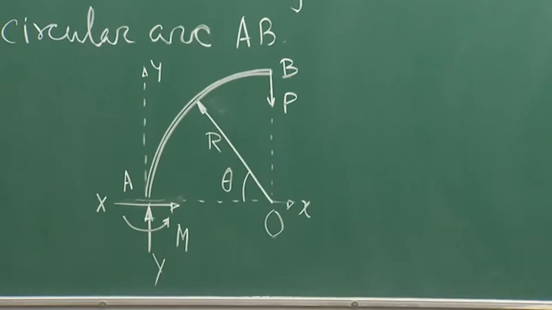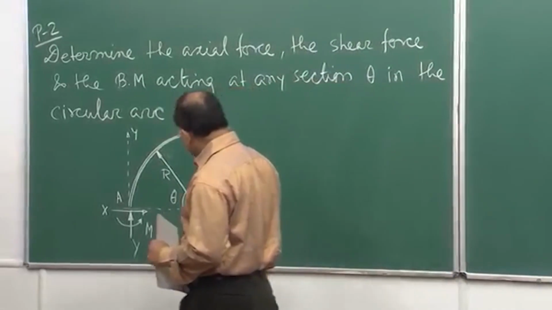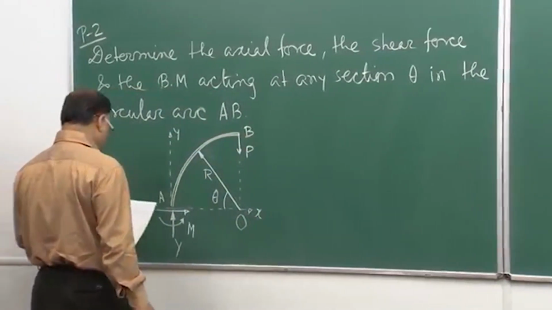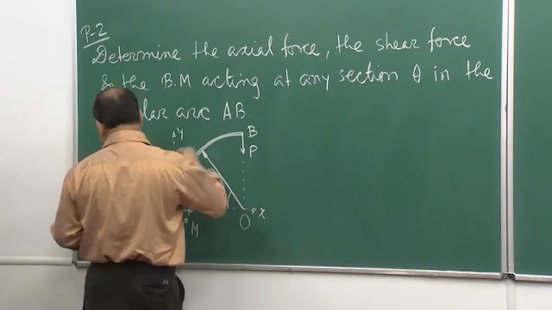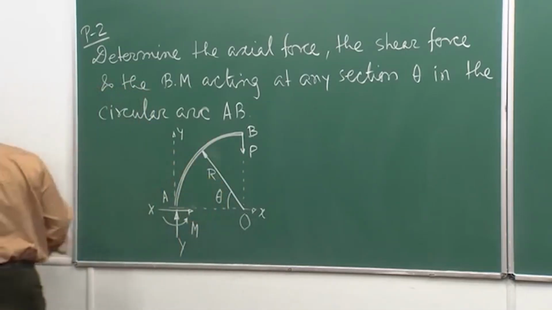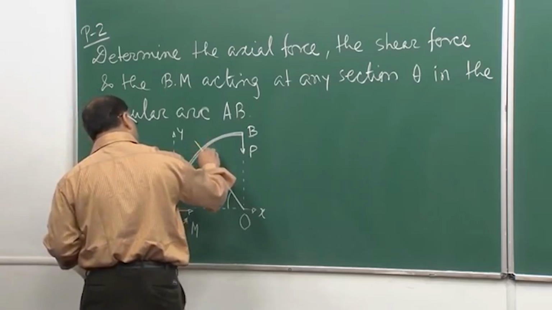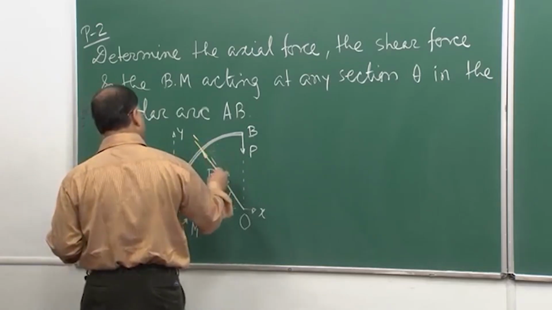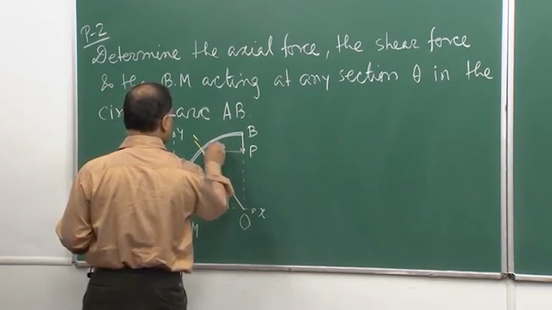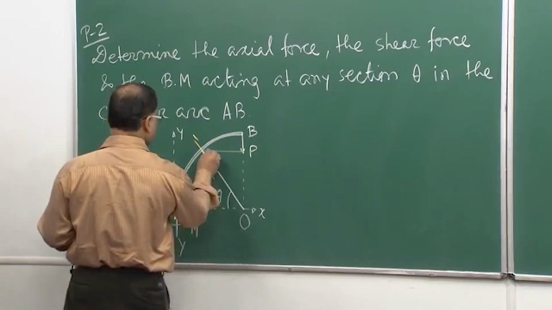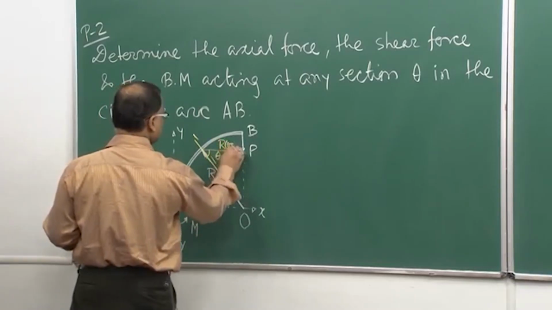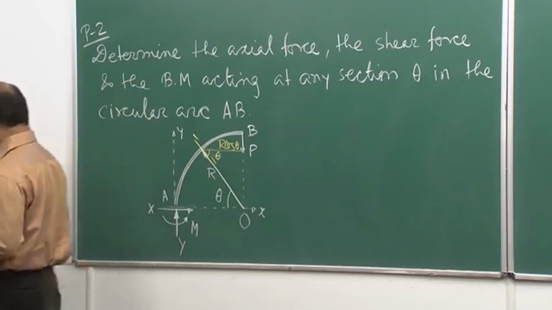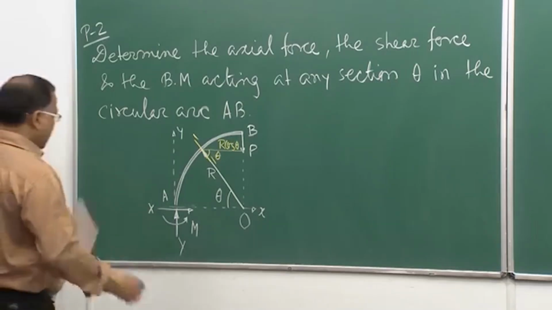So, this is the free body diagram of that circular arc, and as per the geometry, if I consider one section here, this is my section 1. This angle is theta. Therefore, this is r cos theta. From the geometry I can get it.